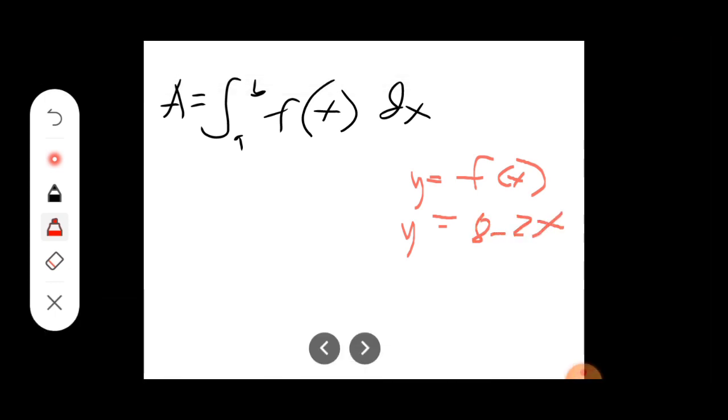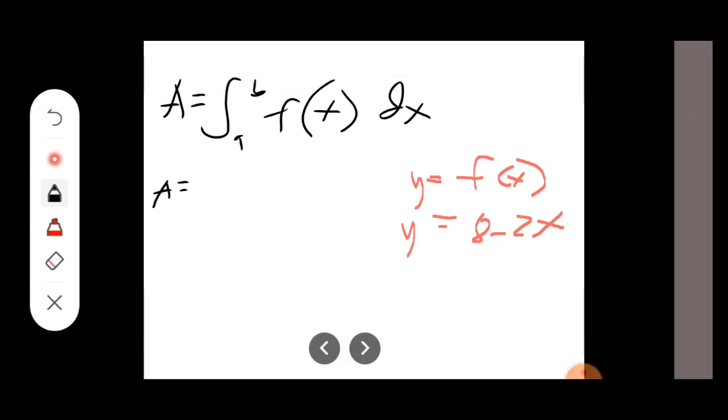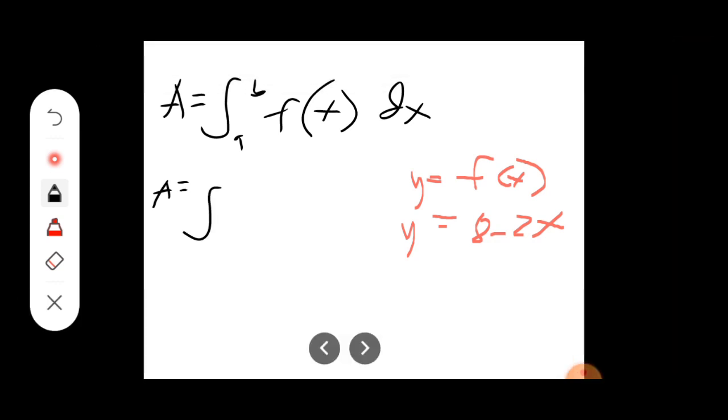So f of x can be replaced with 8 minus 2x, and along the x-axis we're going to integrate from 0 to 4. So we have the integral from 0 to 4 of 8 minus 2x dx.